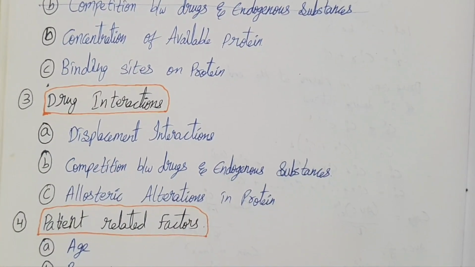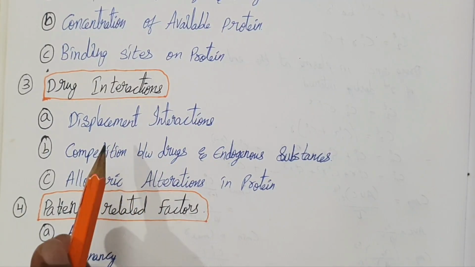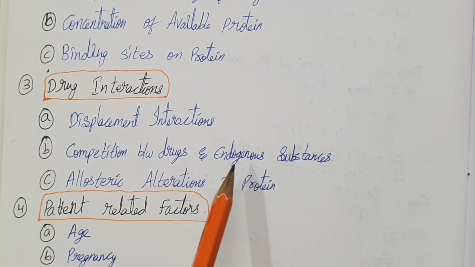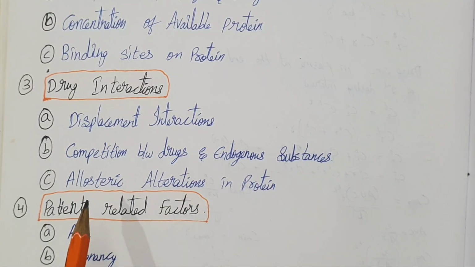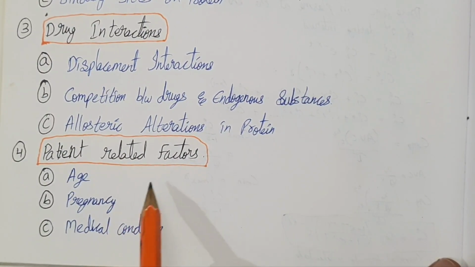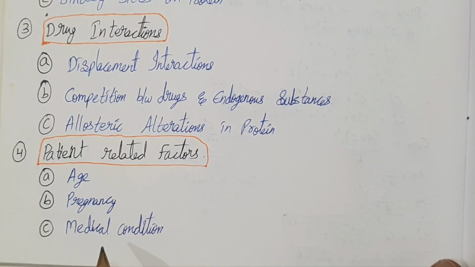Third one we have drug interactions: displacement interactions, competition between drugs and endogenous substances, allosteric alterations in protein. And fourth one we have patient related factors: age, pregnancy, medical conditions. If you remember these headings, you can write down in detail in exam.